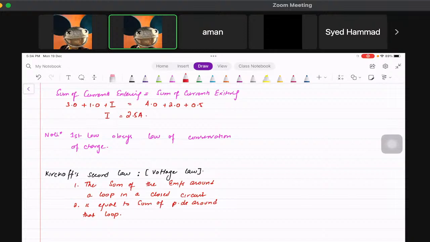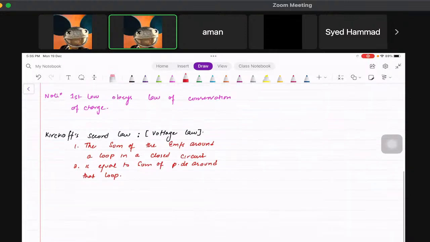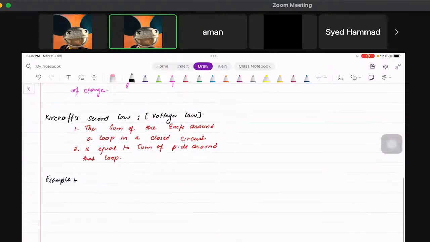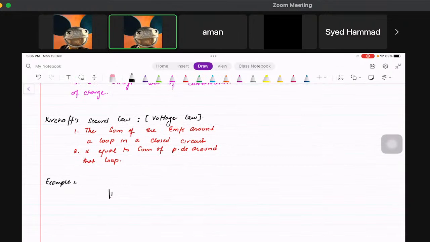Now, for example, a loop sort of like this is given to you.